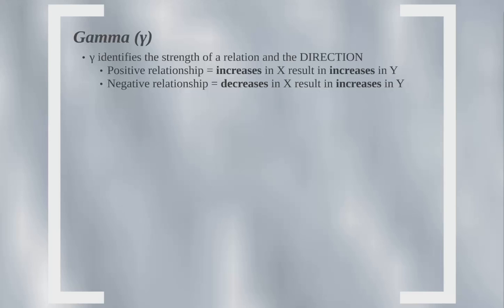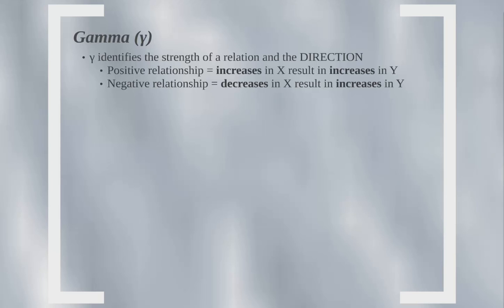A negative relationship can be confused very easily. A negative relationship means when there are decreases in x, that results in an increase in y, right? That is the definition of a negative relationship. Or you can invert that by saying if there are increases in x, there are decreases in the variable y.